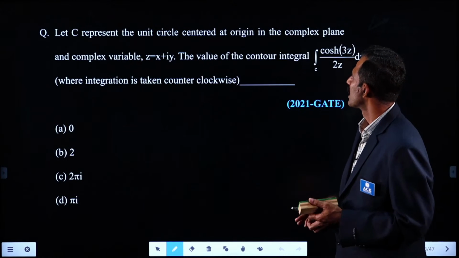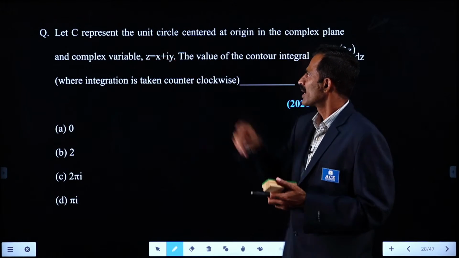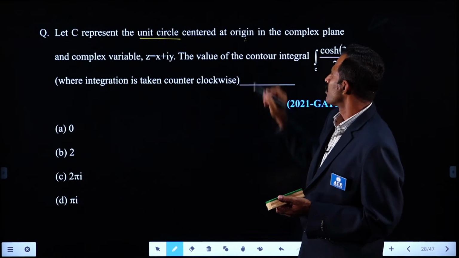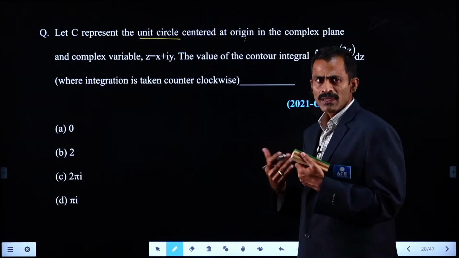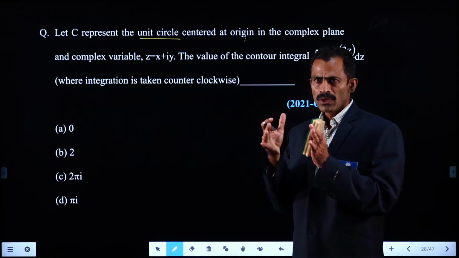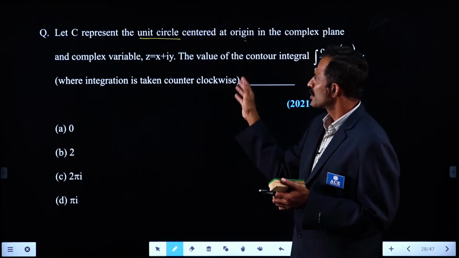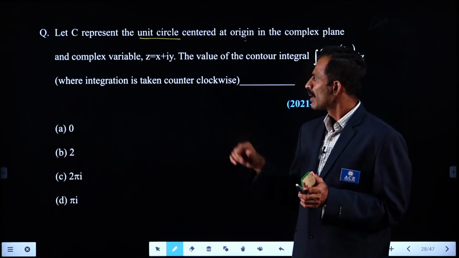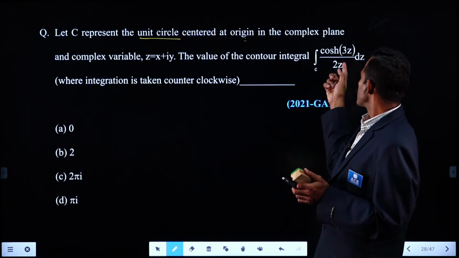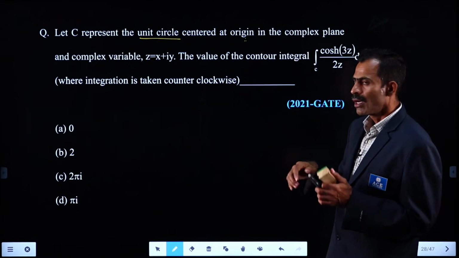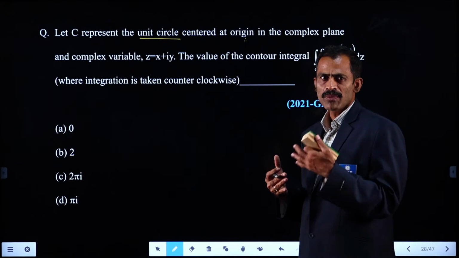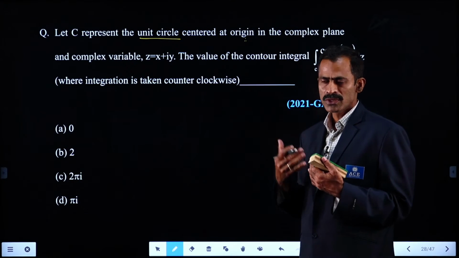So we are given the unit circle centered at origin, that is, the modulus of z equals 1, and there is no condition on the circle. That means we are given a closed curve. So we are asked to find the integral of this function along the closed curve, or over the closed region.